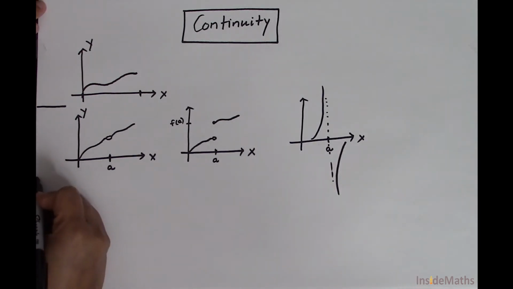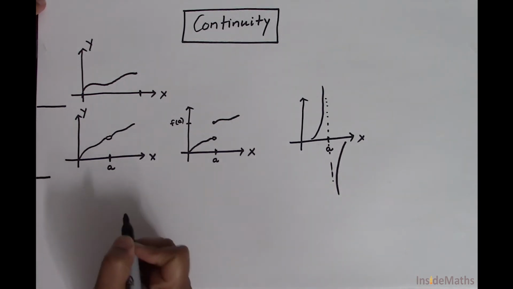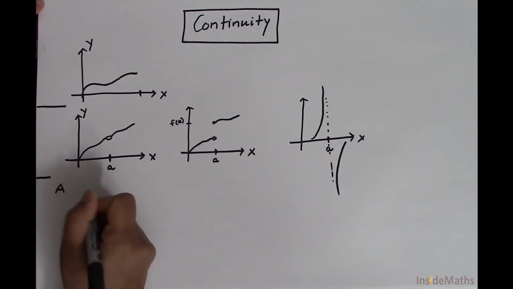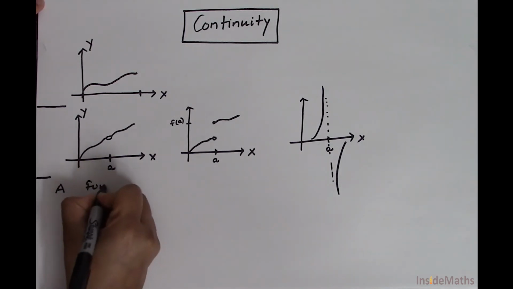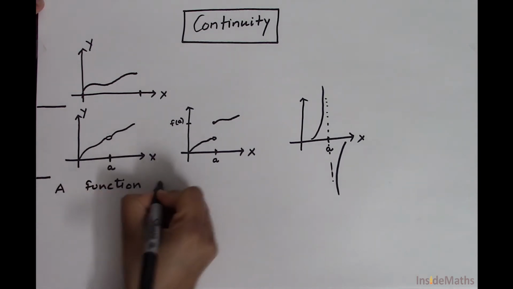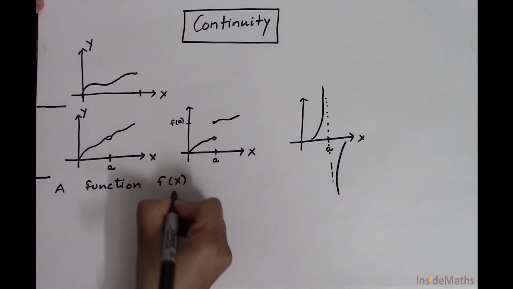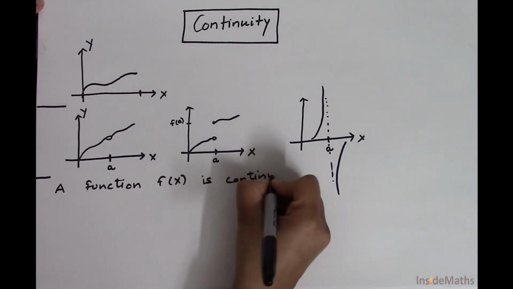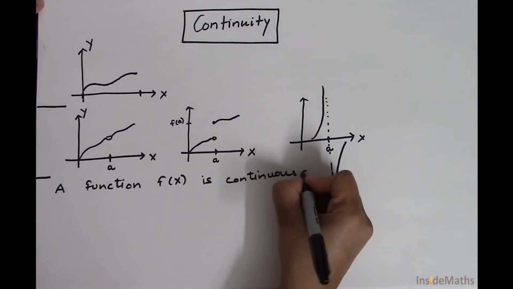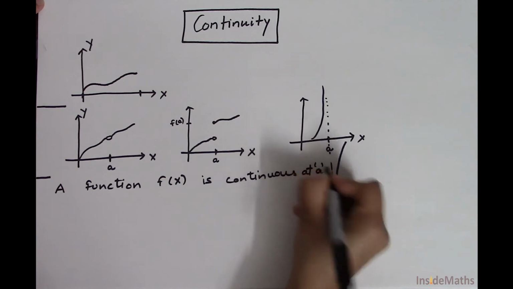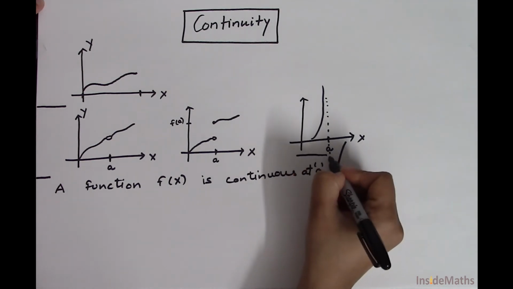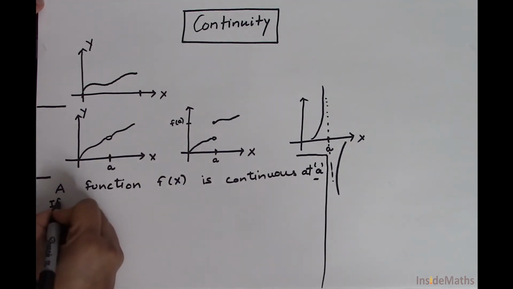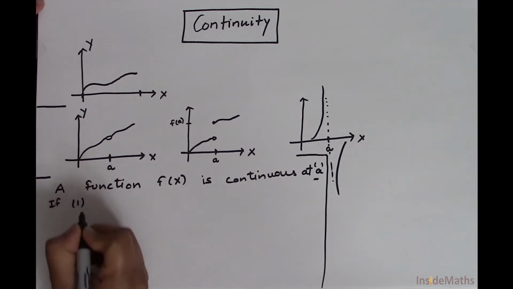Now let's see the formal definition of continuity. A function f of x is continuous at the point A if there are two conditions.